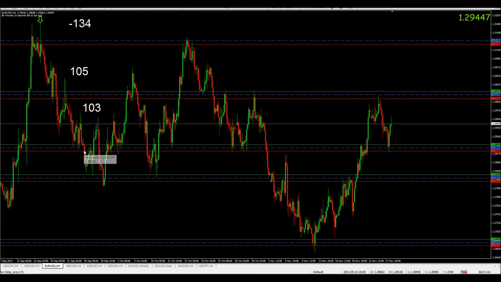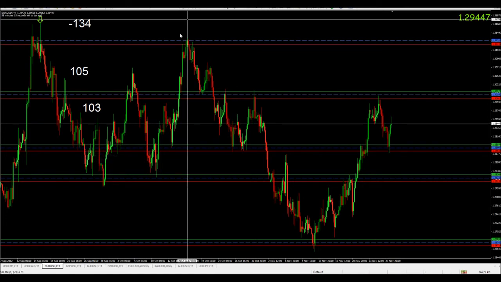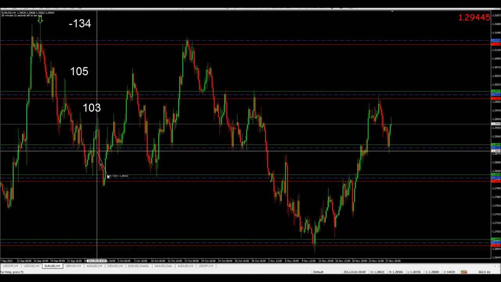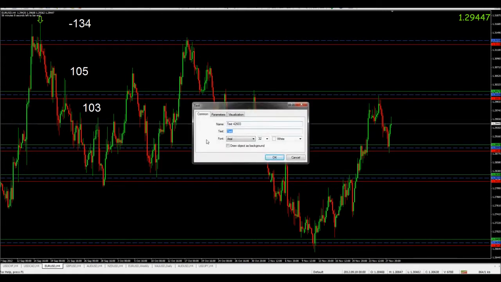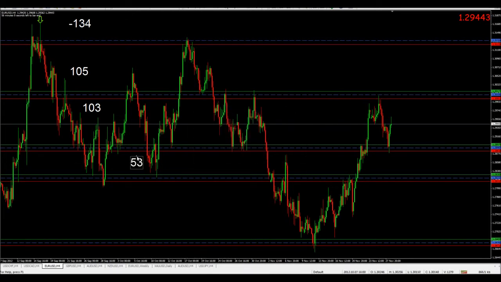And so a sell opened here, with the take profit 53 pips. You see, we've gathered nearly 200, just over 250 pips now, but we have two negative trades. I'll just add this one up.